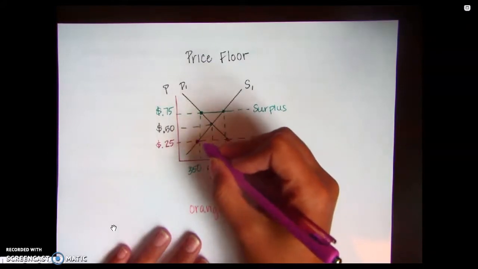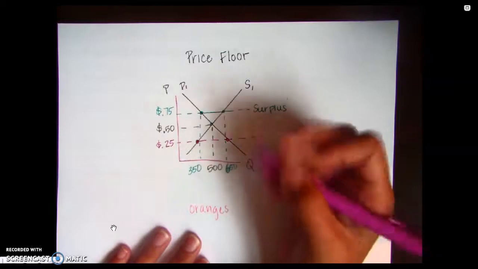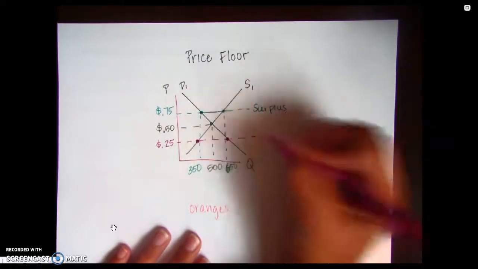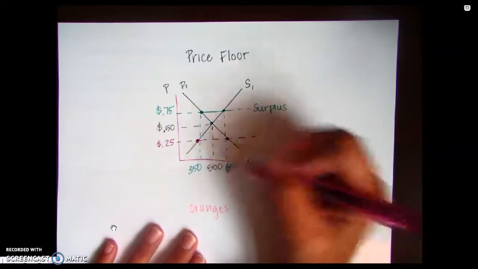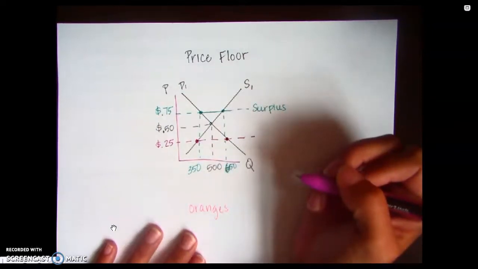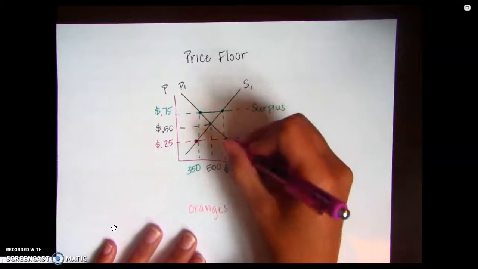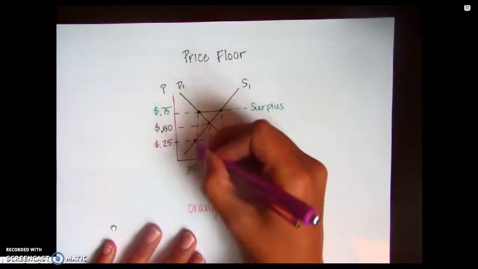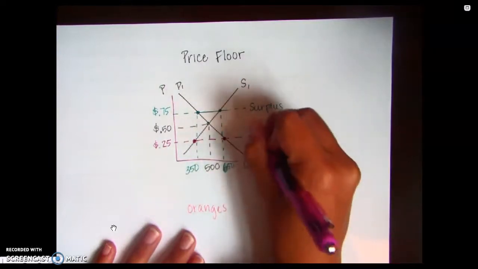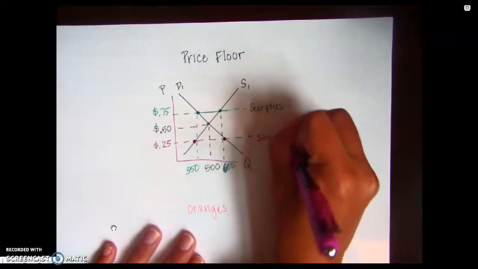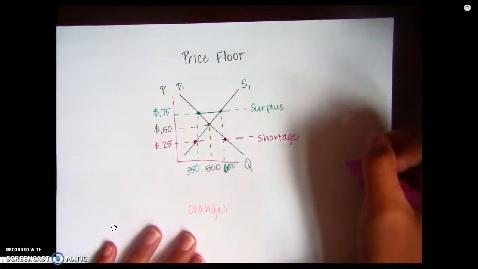So there's really that motivation and profit motive. And your consumers, though, are like, heck yeah, we want this 25-cent orange instead of the 50-cent orange. So they are wanting more. And so your demand now is greater than what's being supplied. So if your demand is greater than what's being supplied, now you have a shortage.